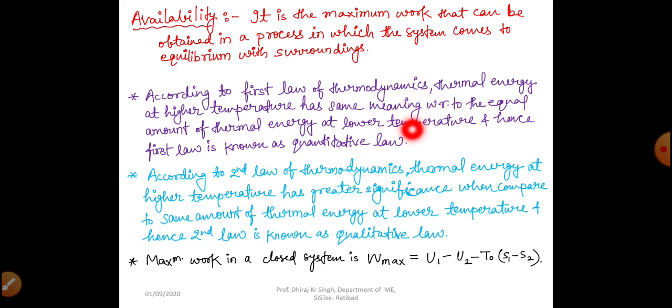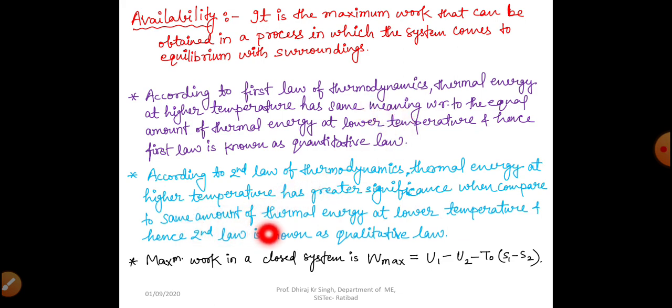But according to second law of thermodynamics, thermal energy at higher temperature has greater significance compared to the same amount of thermal energy at lower temperature, and hence second law is known as qualitative law. That's why we call second law qualitative law and first law quantitative law.